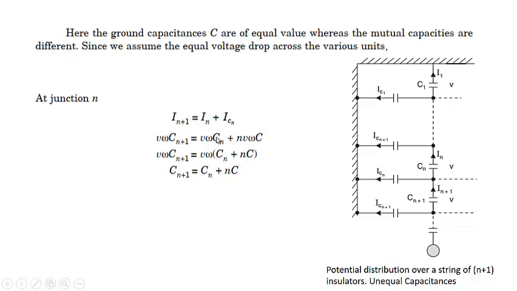Cn plus 1 is equal to Cn plus NC. So if we know the capacitance value of this and this, we can calculate the capacitance of any unit in terms of these two values.